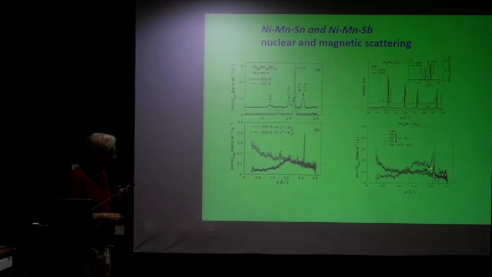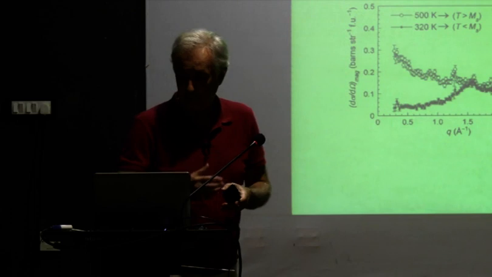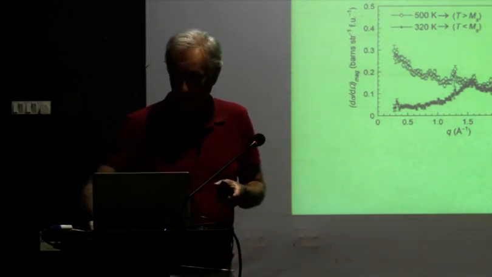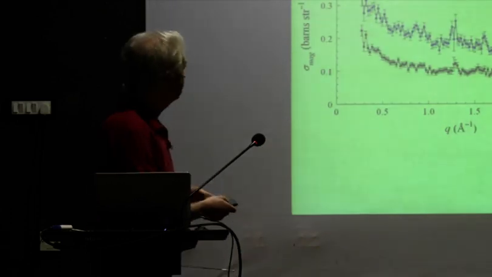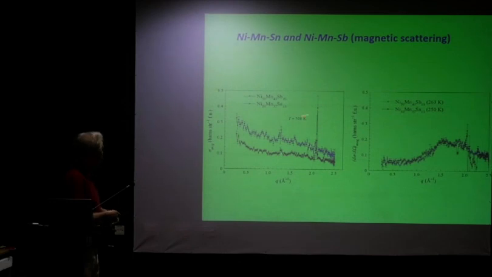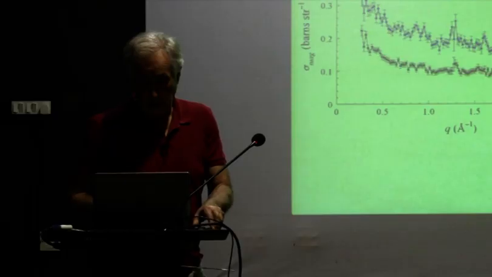And what you get is this broad shoulder, again peaked around 1.5, somewhere around here. So we have short-range antiferromagnetic correlations. If you collect all the data together at 500 Kelvin in the austenite state of both samples and in the martensite state of both samples, you see the clear distinctions.